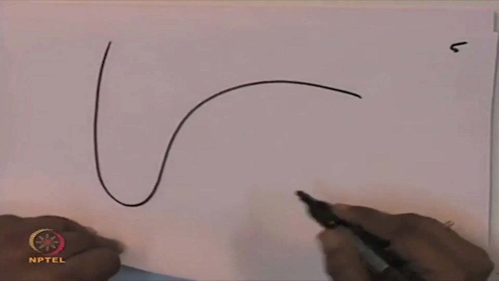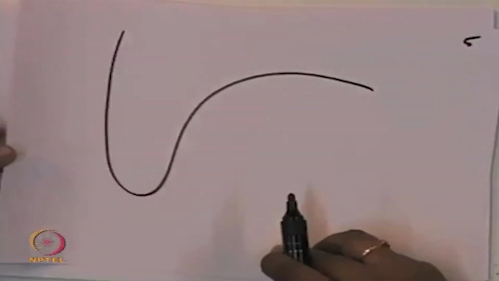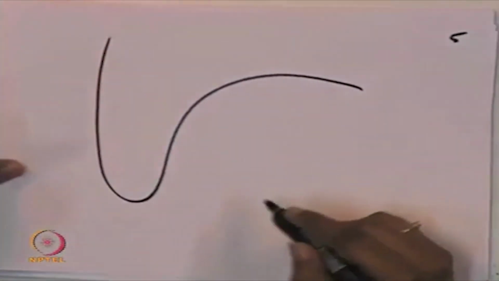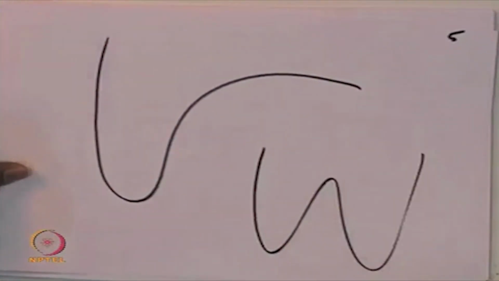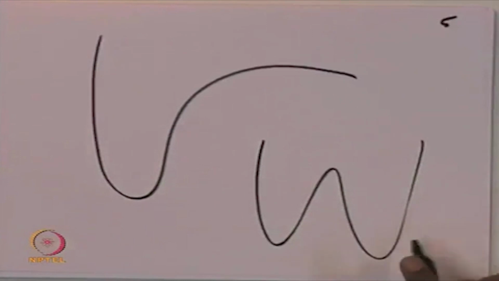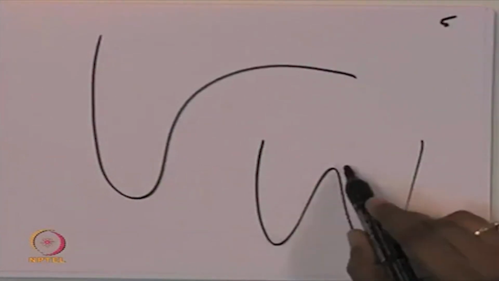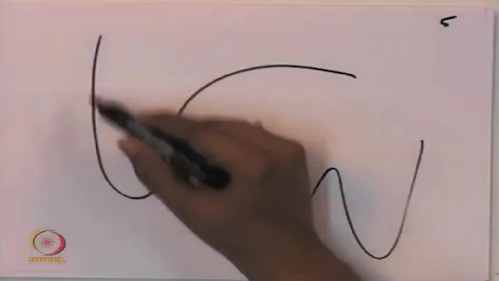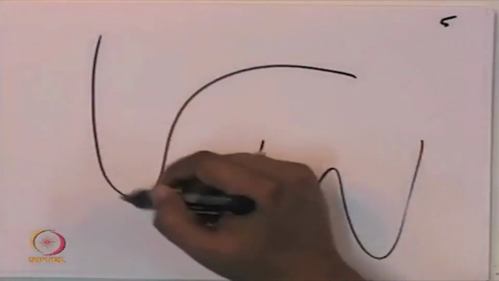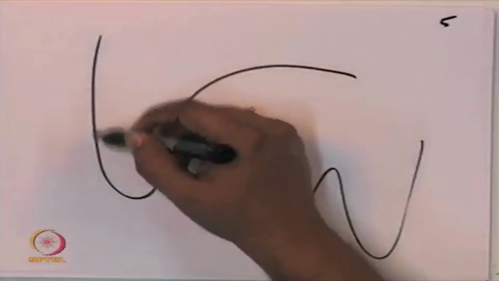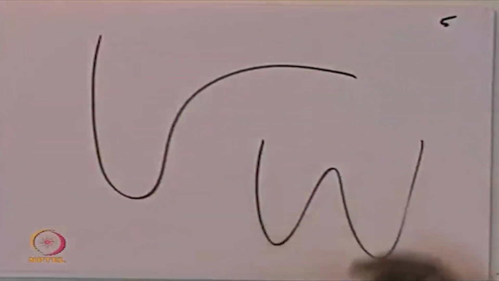Some other function can look like this, as we were discussing with the free energy. So, all these functions have minima or maxima, where the function itself is changing its slope from either positive to negative or negative to positive. So, the slope is being changed. That is the main point where it changes its direction.